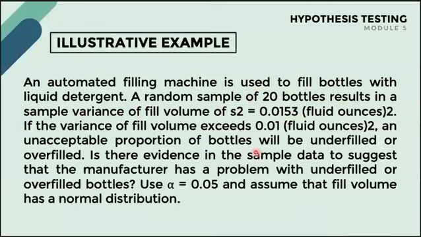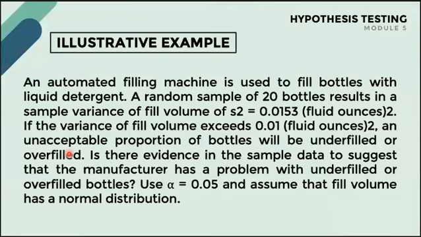Now the statement here is that if the variance exceeds 0.01, there is an unacceptable proportion of the bottles. So it's unacceptable maybe because there is an underfilled or overfilled liquid detergent. It's not the appropriate level of the liquid detergent in the bottle.